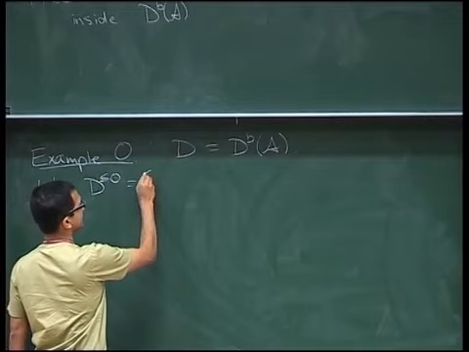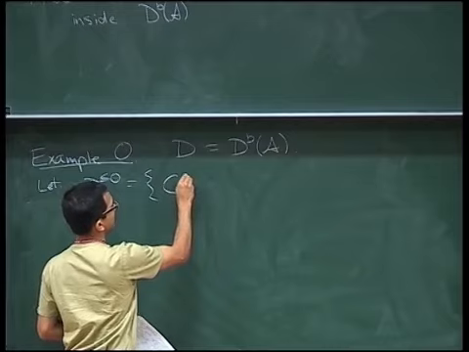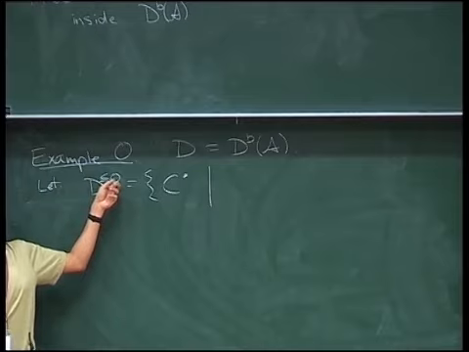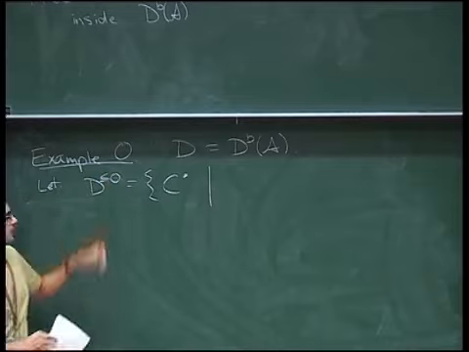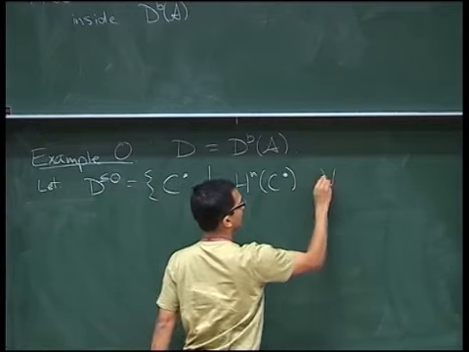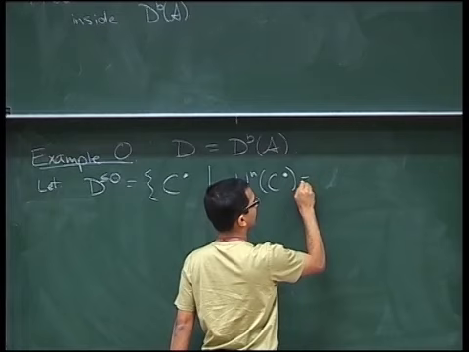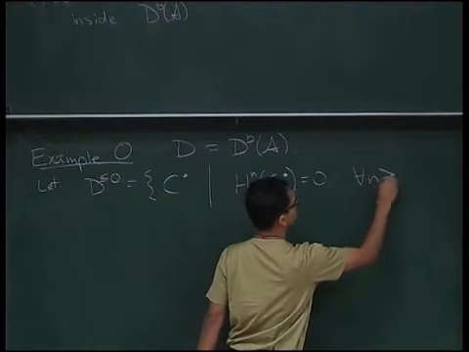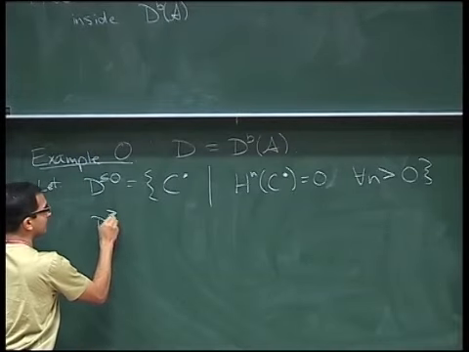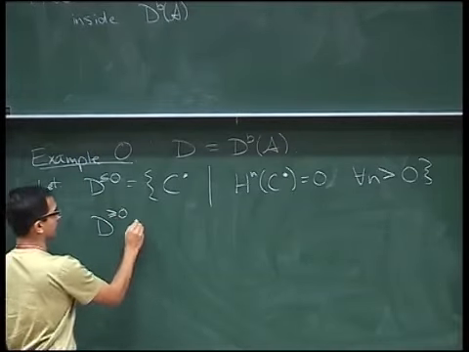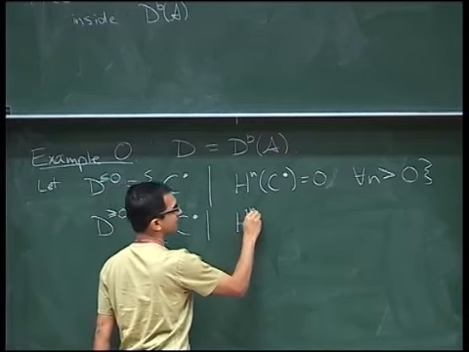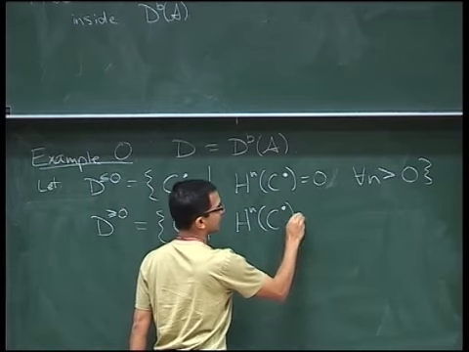So D less than or equal to 0 is going to be the full subcategory of chain complexes which have cohomology only in non-positive degrees. So the cohomology has to vanish for all n greater than 0. And then the greater than or equal to 0 category is defined in exactly the same way, with the inequality going the other way.